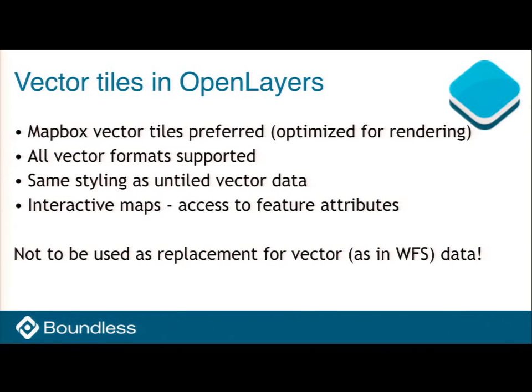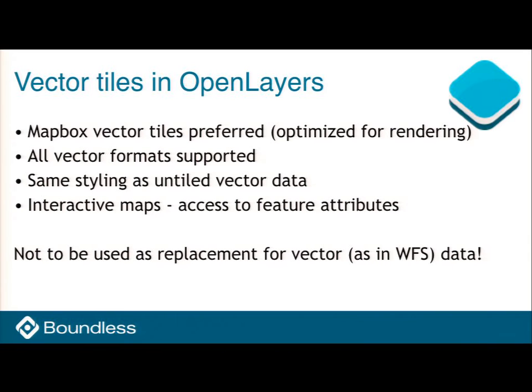An important thing is you can use the same styling framework that you would use for untiled vector data, using style functions where you can style based on attributes and zoom or resolution that you're looking at. And you can also create interactive maps like you could with vector data. You have access to the feature attributes that come with the vector tile, and you can query the features at your current pointer position or at any pixel or coordinate on your map.